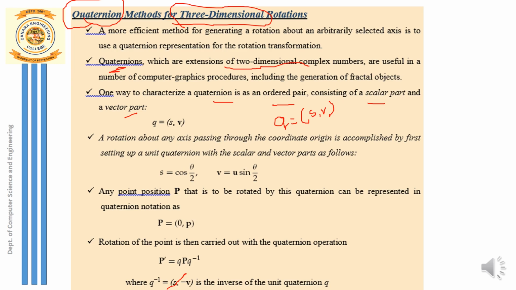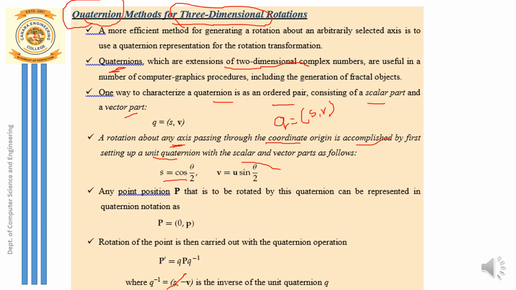Now, if I have to perform a rotation about any desired axis, keeping the origin as a fixed point, where the axis can be the x-axis, y-axis or z-axis, that rotation can be accomplished by setting up a unit quaternion. What is that unit quaternion? It has a scalar and a vector component.